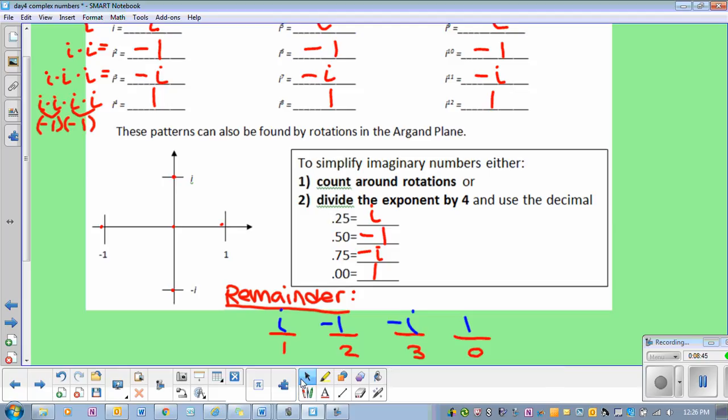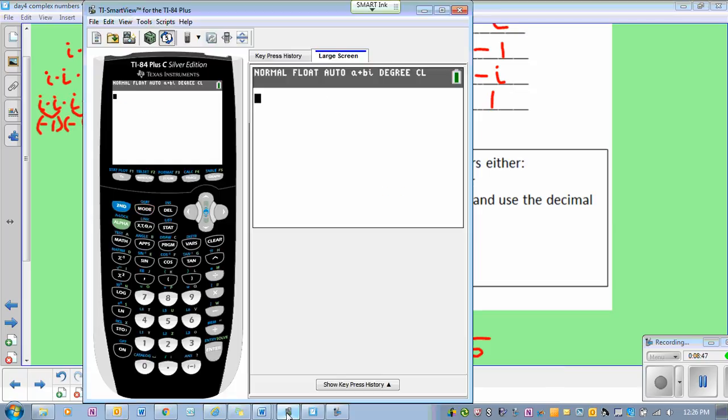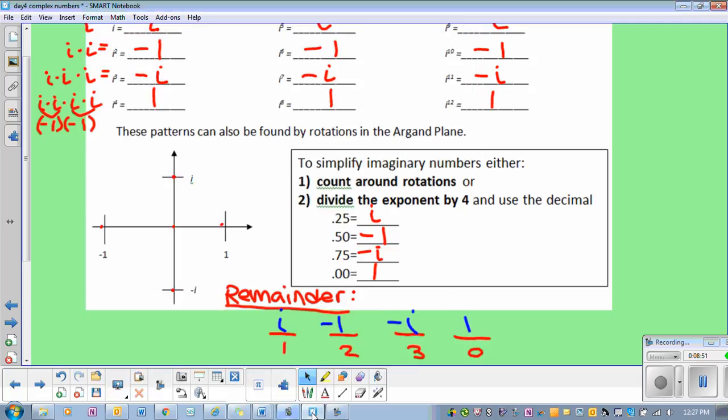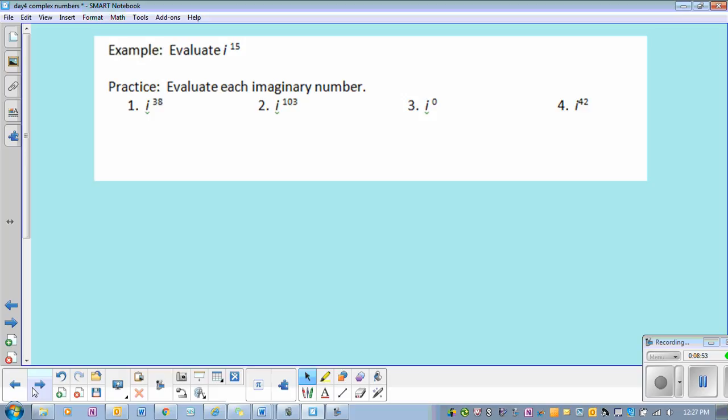The decimal, basically, actually, let's go to the examples. This will be easier. Evaluate i to the 15th power. You have 4 in your pattern: i, -1, -i, and +1.